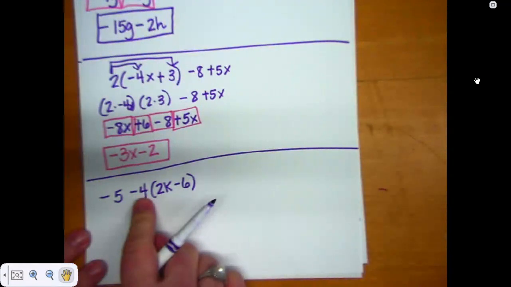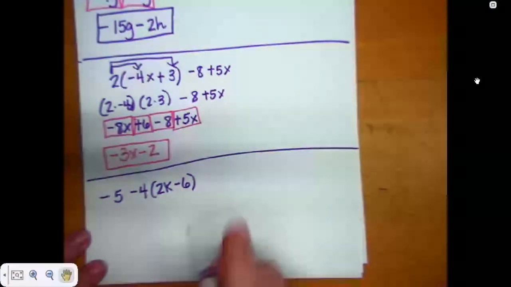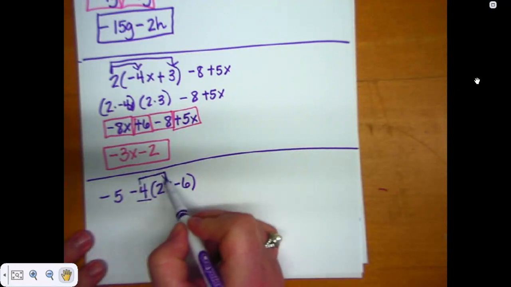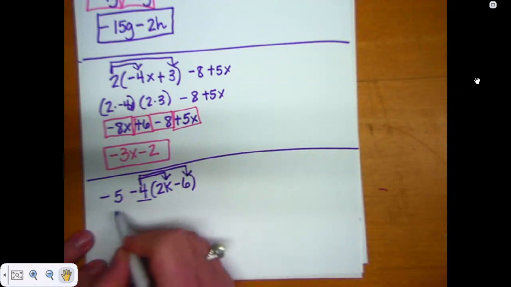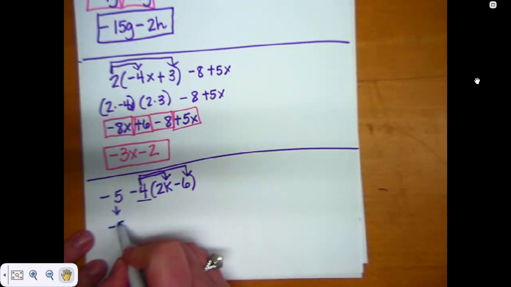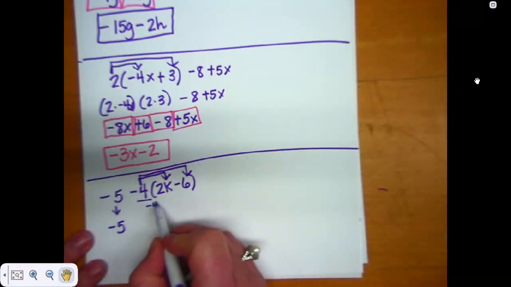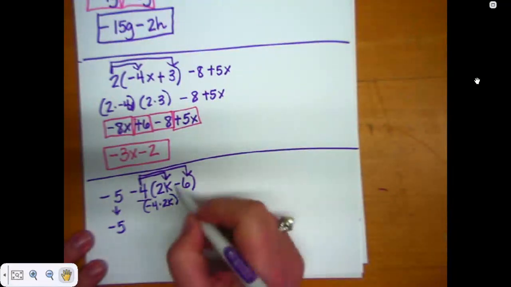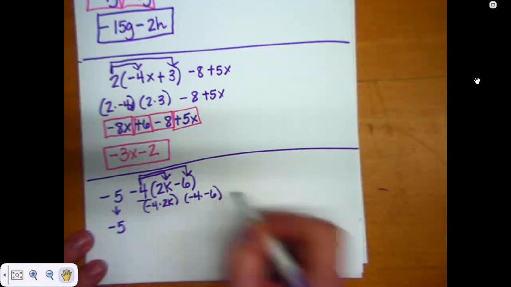This is what I'm going to distribute because it is directly attached to the parentheses. So I'm going to distribute this 4. I'm going to bring this negative 5 down. I'm going to distribute negative 4 times 2k and negative 4 times negative 6.